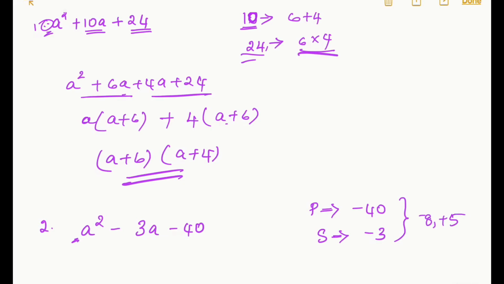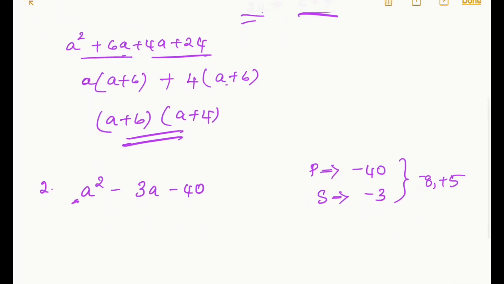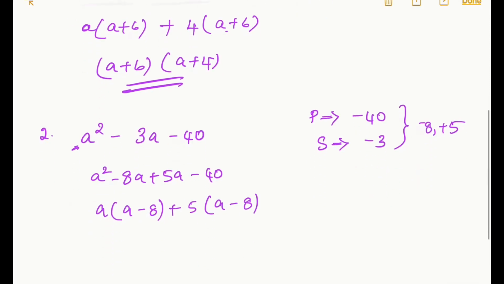So I can take it as minus 8 and plus 5. Minus 8 plus 5 gives minus 3, and minus 8 into plus 5 gives minus 40. So a square minus 8a plus 5a minus 40. a is common here: a minus 8, plus 5 is common here, again a minus 8. So a minus 8 into a plus 5.